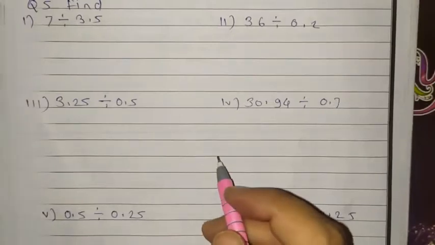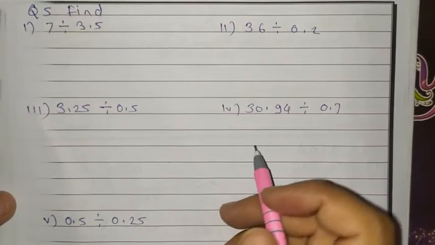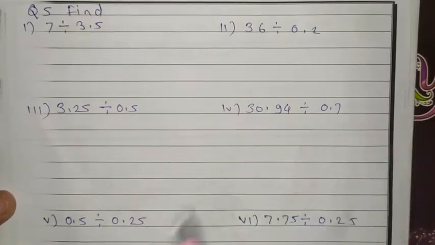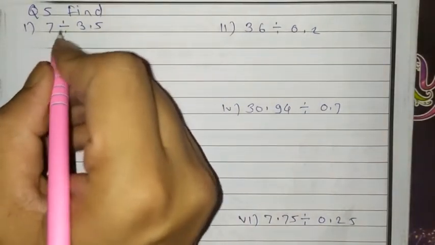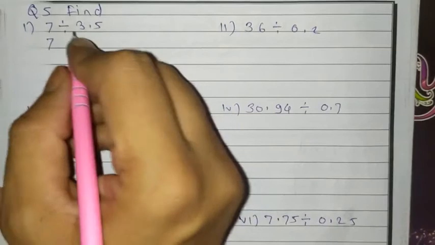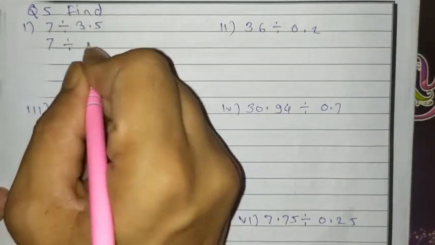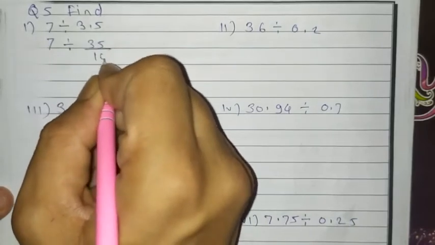So here we are in the next question, question number 5. In this question most of the examples have 2 decimal numbers. Okay, so now we solve that. 7, the whole number, you can write as it is, and here division sign, 3.5 is written as 35 upon 10.